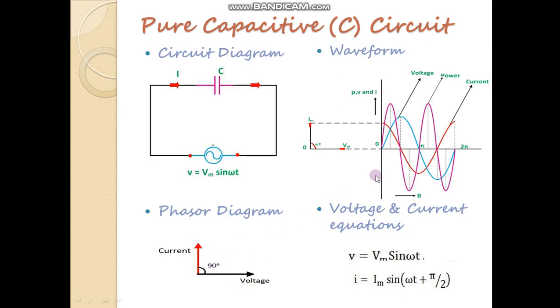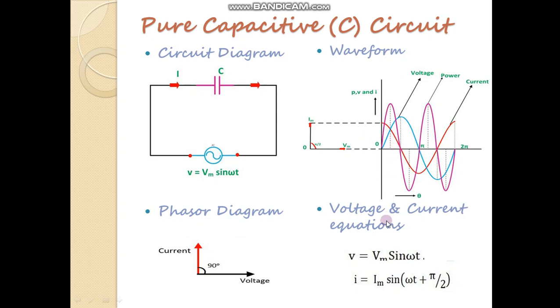Okay, you can observe this from the waveform also. See here in this waveform we have taken the voltage as reference, then this current starts exactly 90 degrees before this voltage.